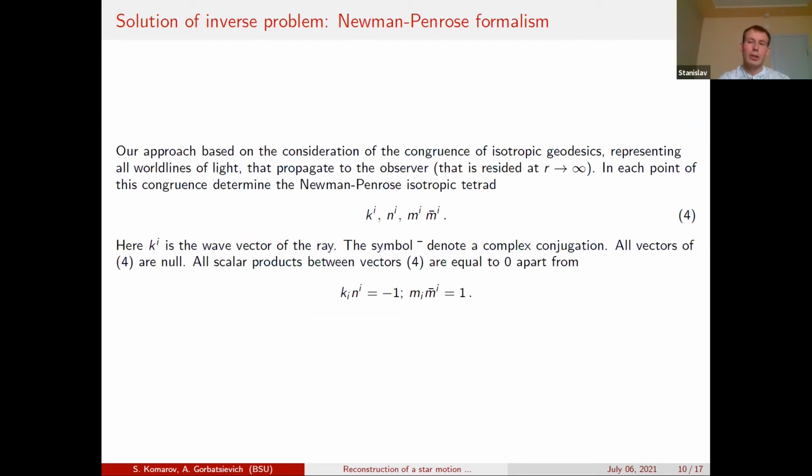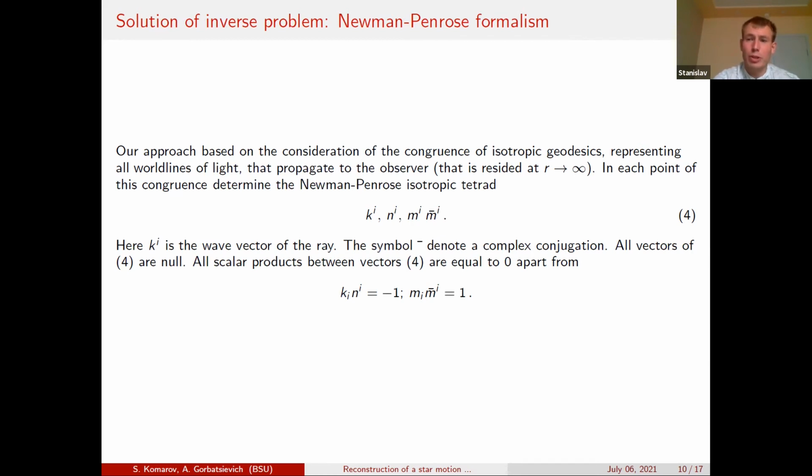We know that the redshift function is not an explicit function of the parameters of motion, and due to this, we propose another approach for the solution of the inverse problem. For this purpose, we use not only the redshift function, but also its derivative relative to time of observation.